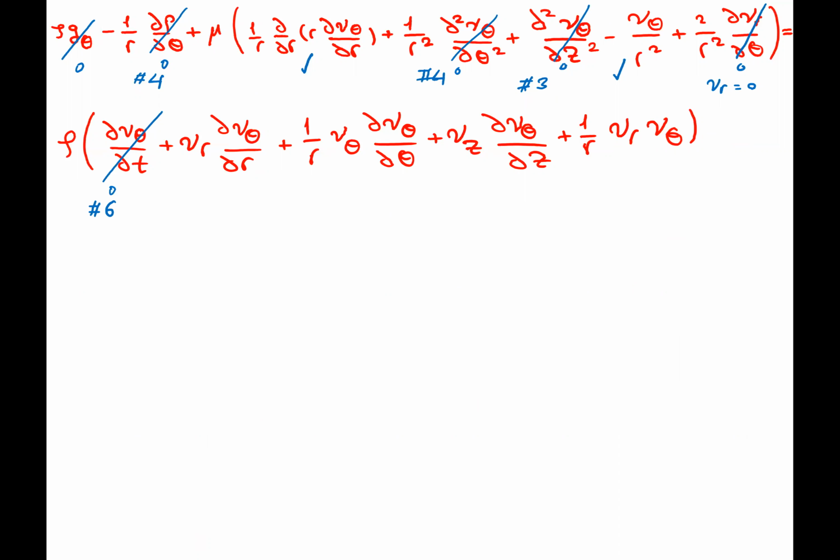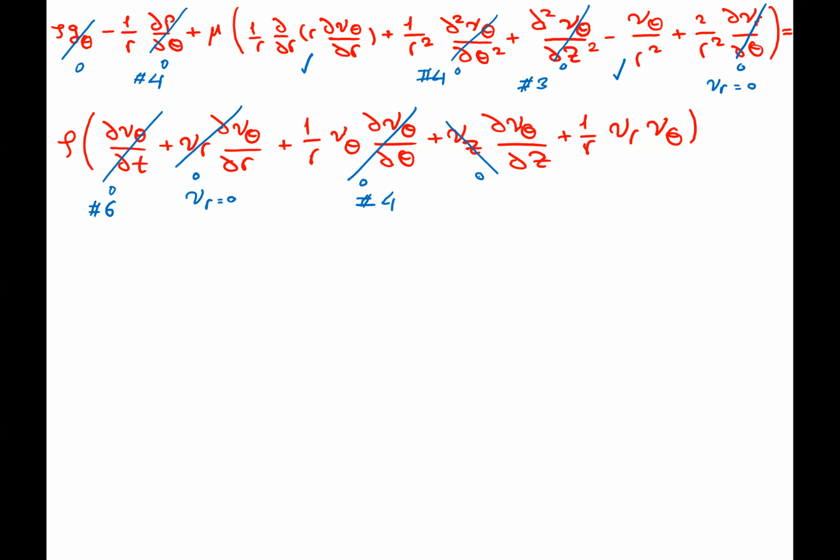And then here this term is 0 because vr is 0, similar to the other term here, right? And then here v theta with respect to theta, this is 0, and this is number 4 again. If we go back and look, number 4. And then we have vz multiplied by the first derivative of v theta with respect to z. This term is also 0.